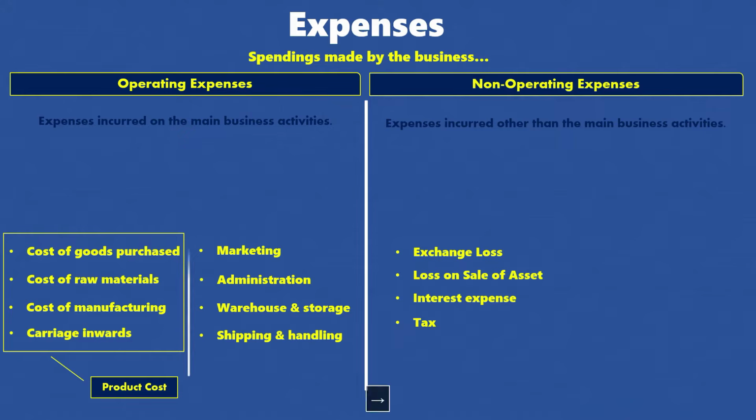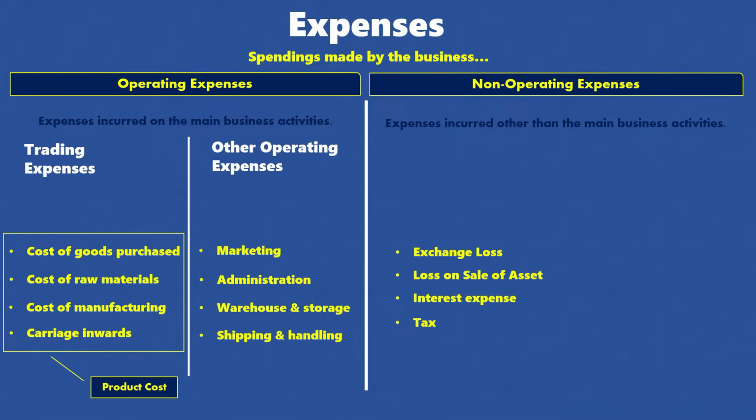So what we do is we classify this into two, and we say that operating expenses are further split into trading and other operating. With trading, we will only talk about the expenses which are incurred on the product or service itself, whereas other operating expenses are going to be all of the other expenses which are incurred for business but other than the product itself.